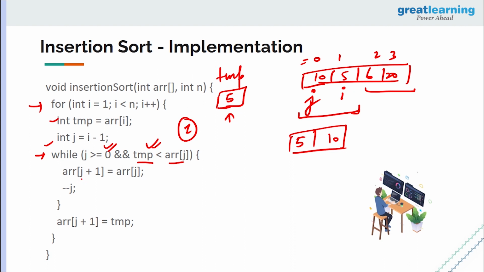Now what we are doing, we are changing the j plus 1 index, that means we are talking about this index, and we are writing 10 over here with this step. Now you might be thinking, okay, now we have an array in which both of these elements are 10, but we have already stored this in a temporary variable. That is for the same reason we were using this temp variable tmp, just to store that element.